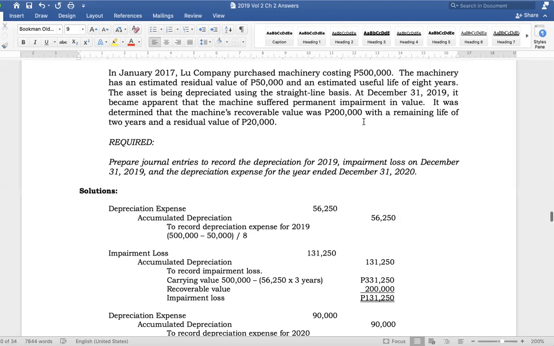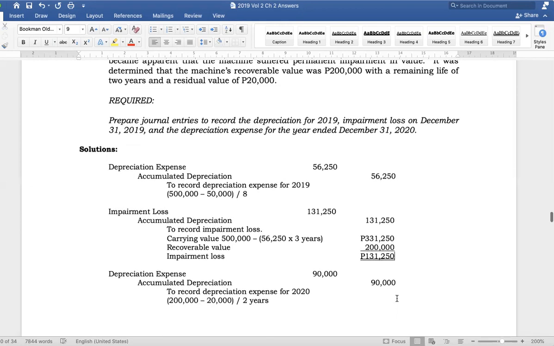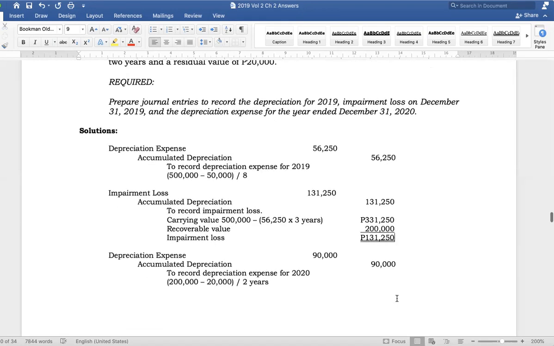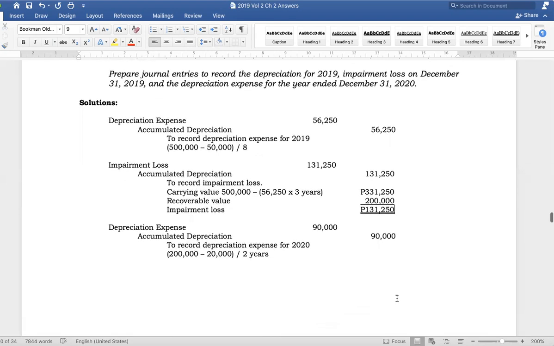And the asset's recoverable amount was determined only to be 200,000. So deduct 200,000. That means therefore that we are to increase the accumulated depreciation by 131,250.